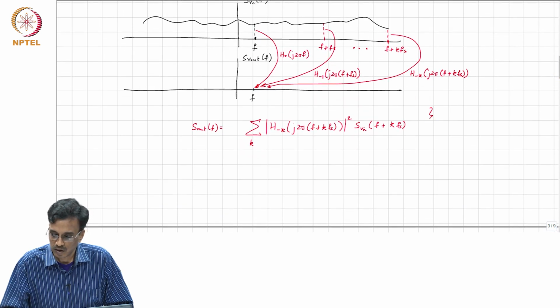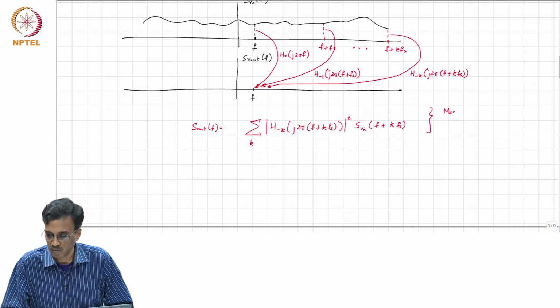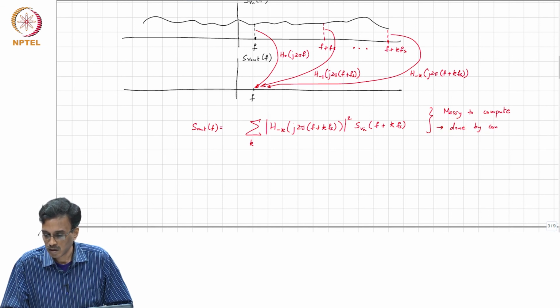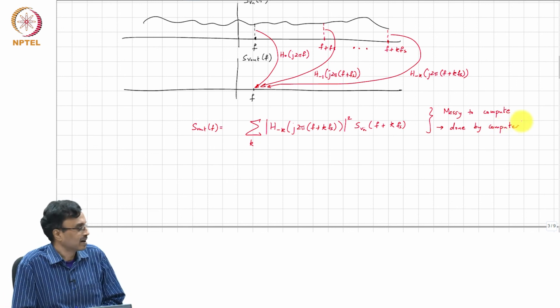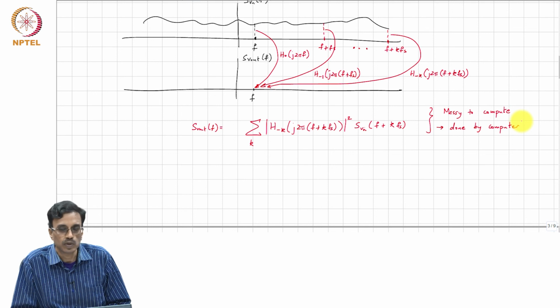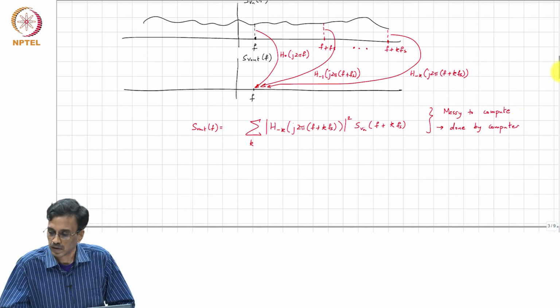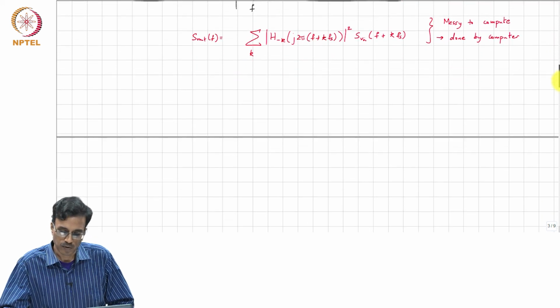So what do you call messy to compute? And therefore, usually you forget about hand calculations and do it with a computer using adjoint techniques to find all these transfer functions.